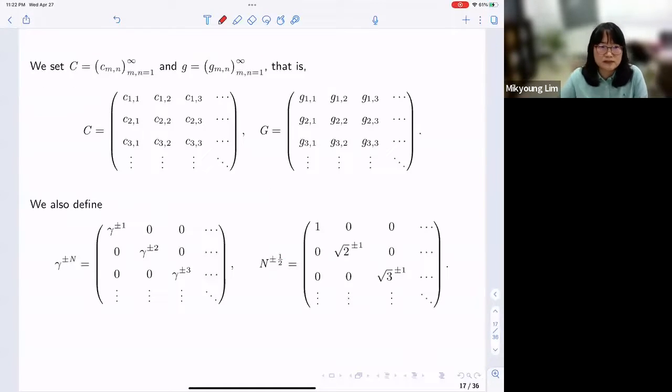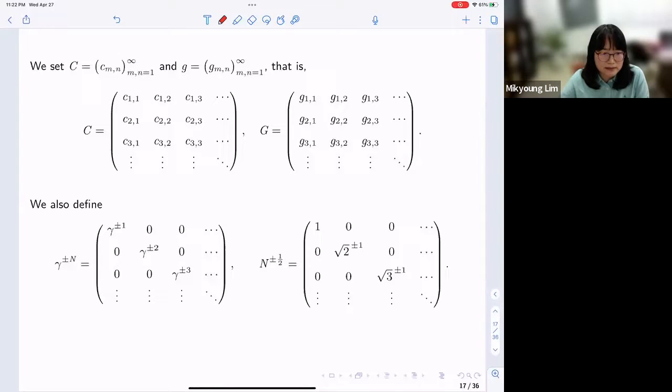Let me define these matrices. Capital C is a semi-infinite matrix whose entries are c_{mn}, and G is the symmetrized coefficient matrix, again a semi-infinite matrix with entries given by g_{mn}. And we also need these diagonal matrices.